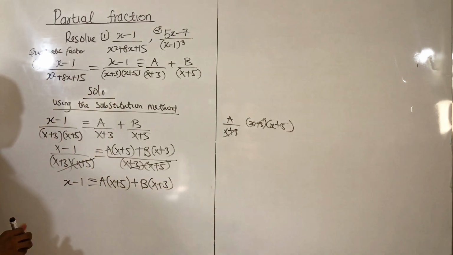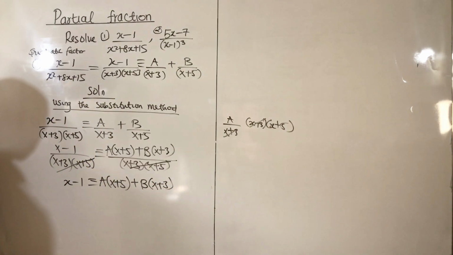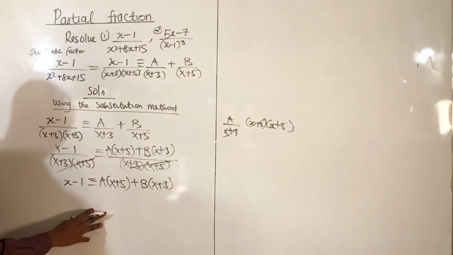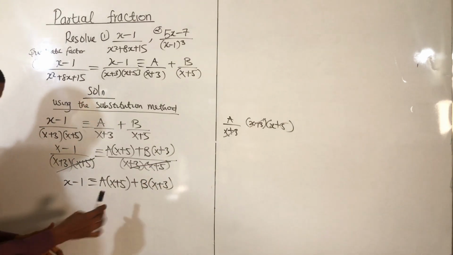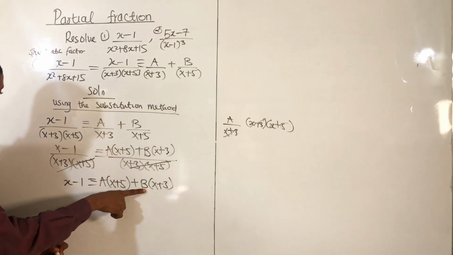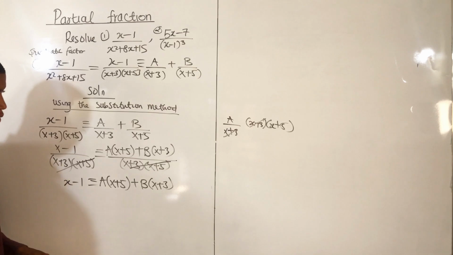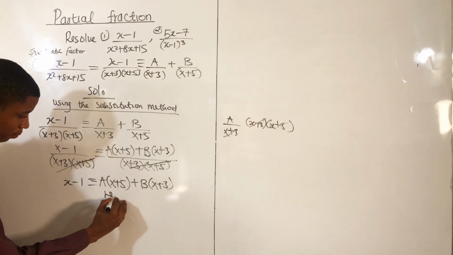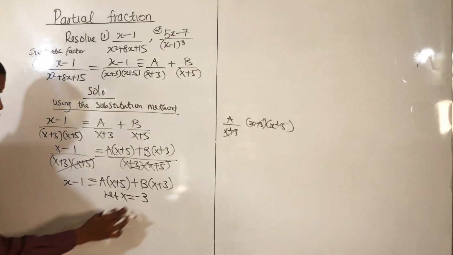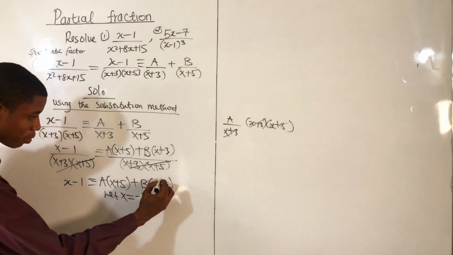Now the substitution method comes in. What are we substituting? Take note: for us to eliminate B and make A the subject, at what point must B be rendered 0? If we let x be equal to negative 3, we will see that here will be rendered 0.